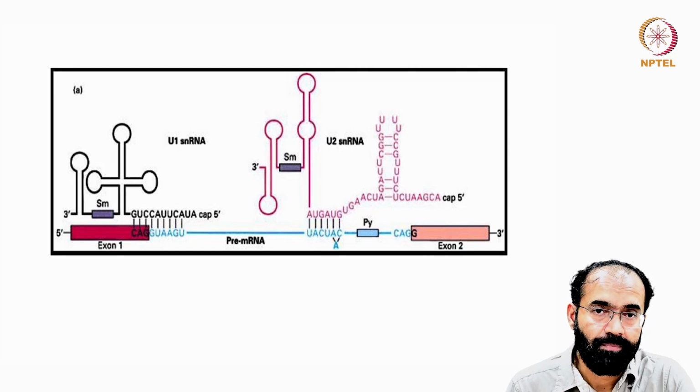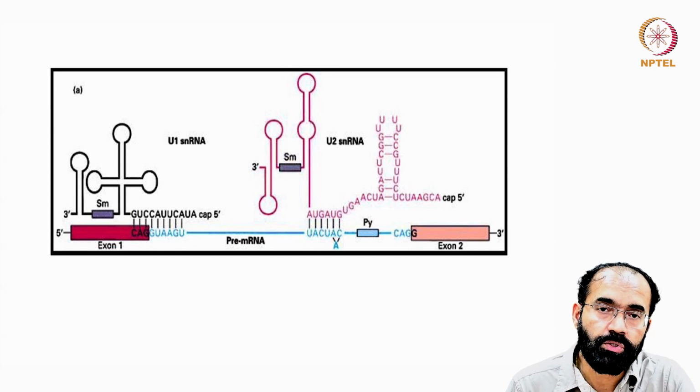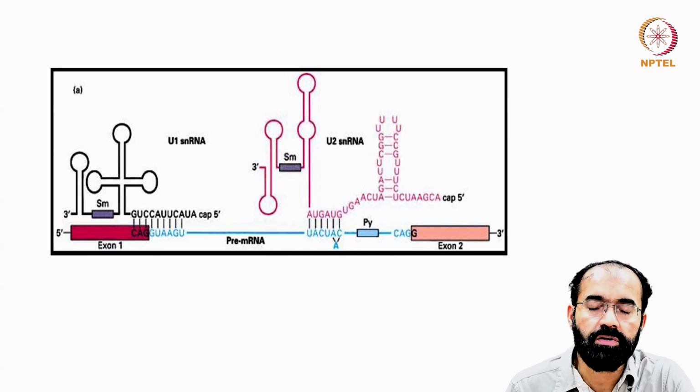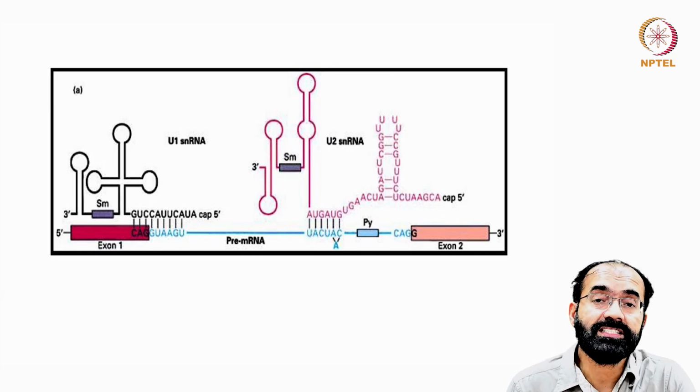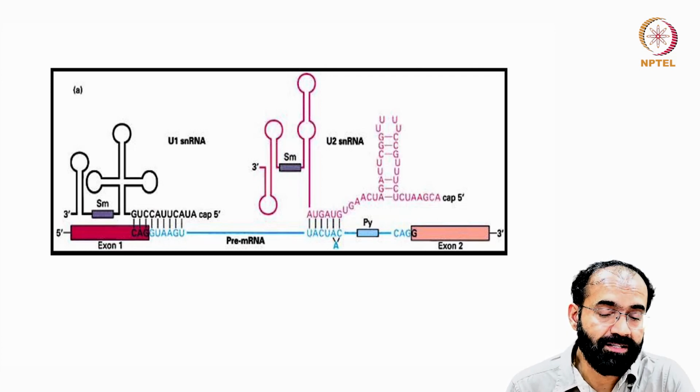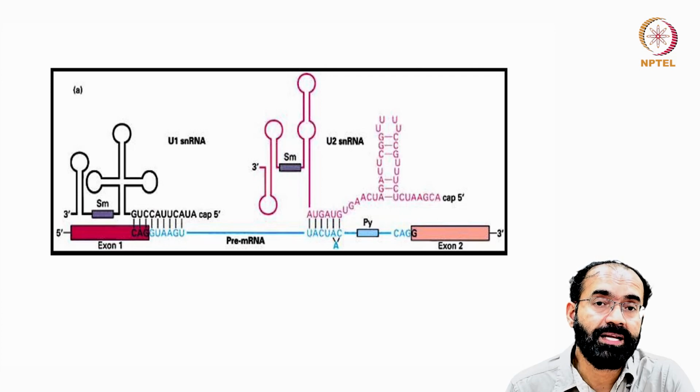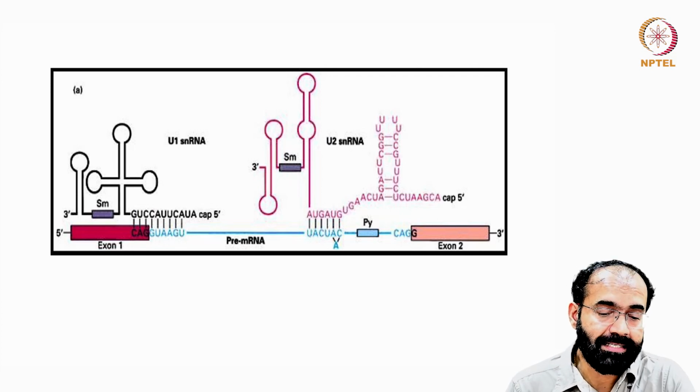Because of this A, and you should also note one more interesting thing: the blue color sequence is UACUAAC, but U2 snRNA came and ignored this A. This A is pushed out of this pairing, and because it is an RNA, it has a 2' hydroxyl group, a reactive hydroxyl group, which will now be freely available to interact for the splicing event to happen.